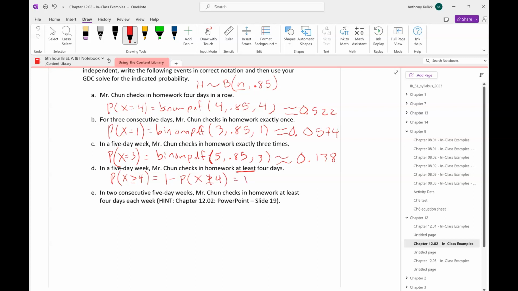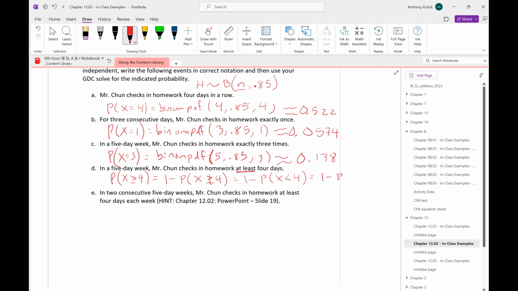What does not greater than or equal to 4 mean? No, it means strictly less than. Right? If you're not 4 or bigger, you have to be less than 4. Now, for this experiment, what outcomes are less than 4? 3, 2, 1, and 0, right?